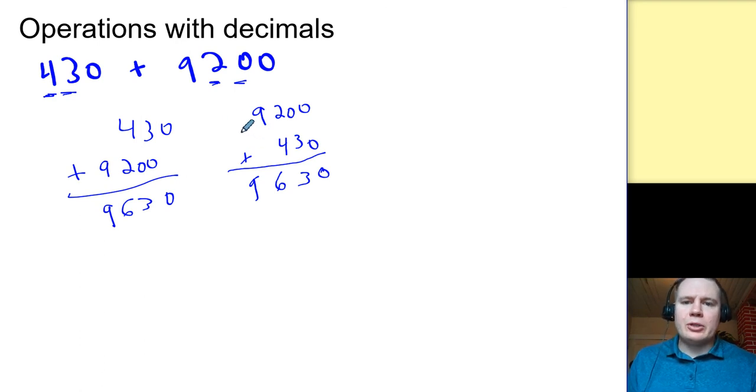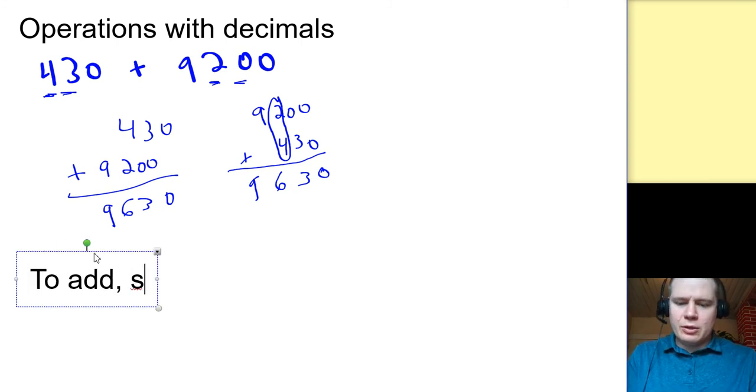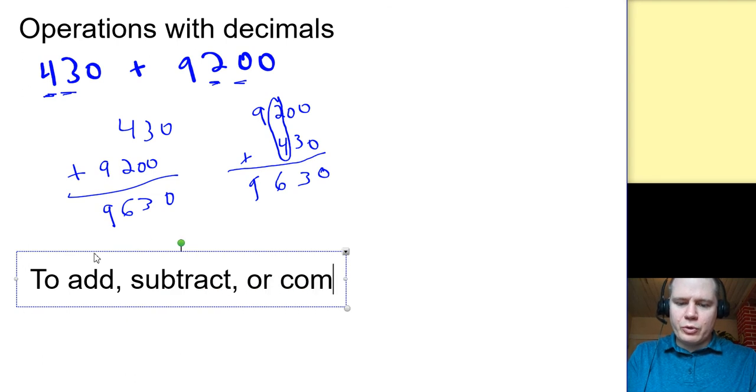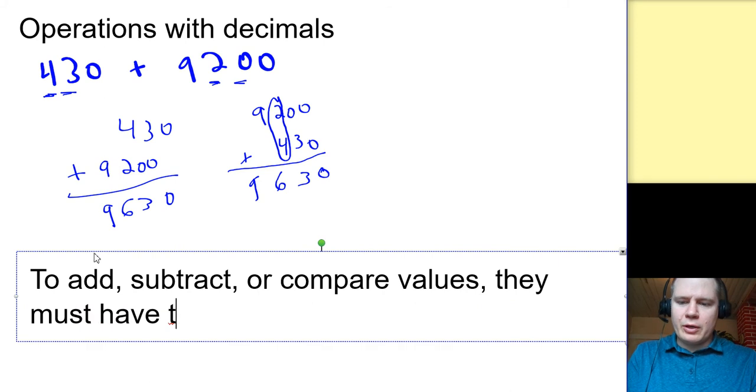point I want you to see is that we're adding hundreds to hundreds because they have the same unit, right? To add, subtract, or compare values, they must have the same units.